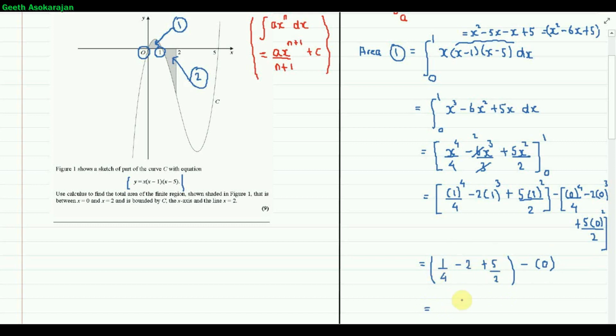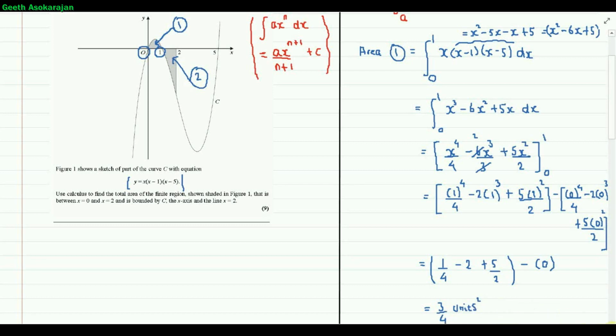And let's calculate this. So 1 over 4 minus the 2 plus 5 over 2. So that amounts to 3 over 4. So you're going to get 3 over 4, and it's 3 over 4 squared units, since it's an area.